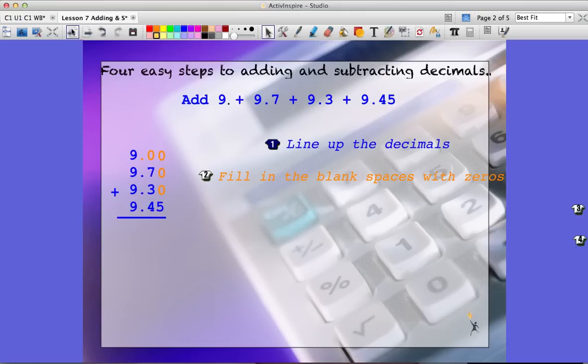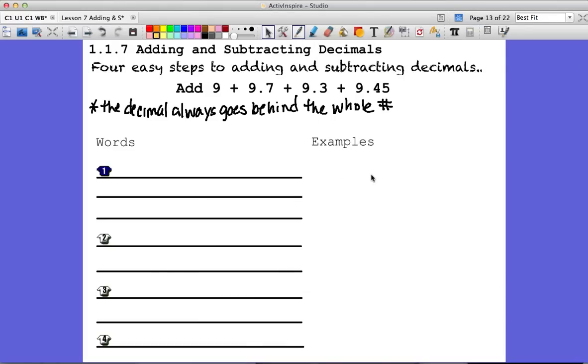So now when you're writing this down, we're going to go back to your notes here. The first thing that you would do is show how you line up with the decimals. So you can even say 1.9, 7.9, 9 and 3/10, 9 and 45/100. Then I would even put maybe a line underneath it.